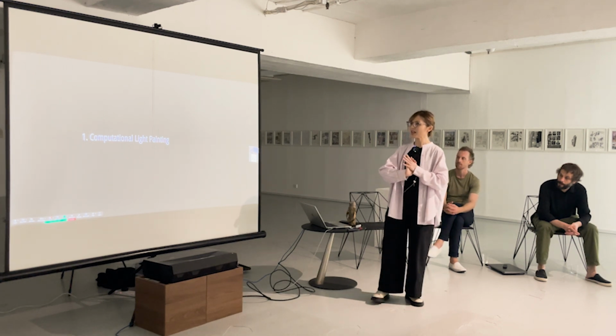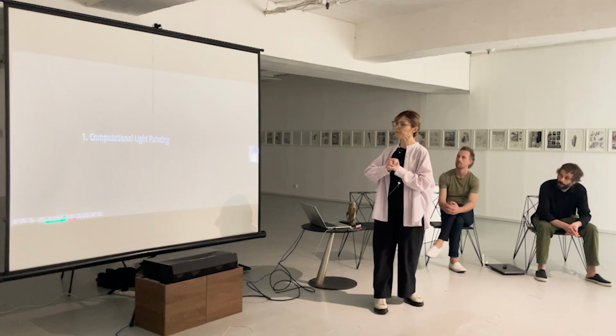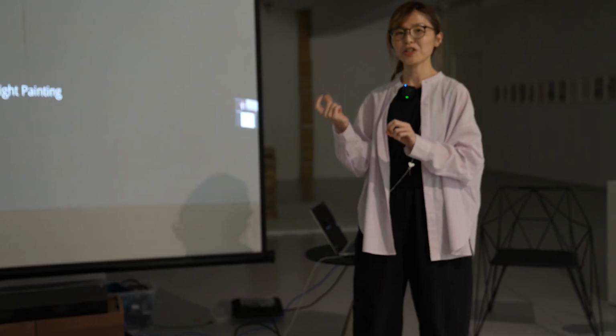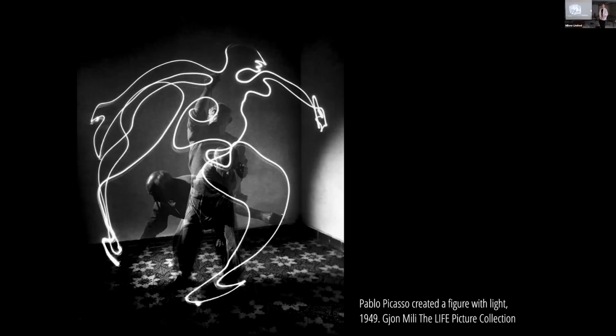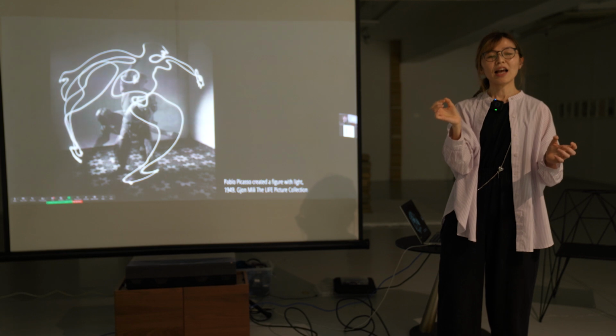The first project that I call computational light painting. For those who are not familiar with the term, light painting is the practice of holding a point light source like the flashlight on your cell phone or even a candle, and you move in the space and allow a slow shutter camera to capture the movement of the light source.